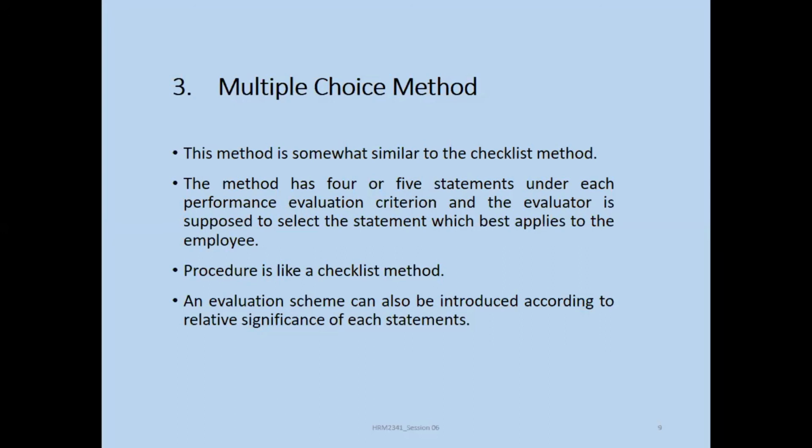If yes, you put the right mark. If no, you put the cross mark. But in multiple choice, there are multiple options the evaluator can choose. The method has 4 or 5 statements under each performance evaluation criterion.